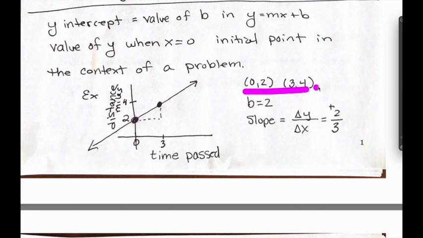If we want to find the slope and we're given a graph, we can see what the change in y is over the change in x. My change in y is the change in my vertical distance. So I'm going from 2 to 4. So I'm going up 2. So my vertical distance is a change of positive 2. My horizontal distance is my change in x. I'm going from 0 to 3.